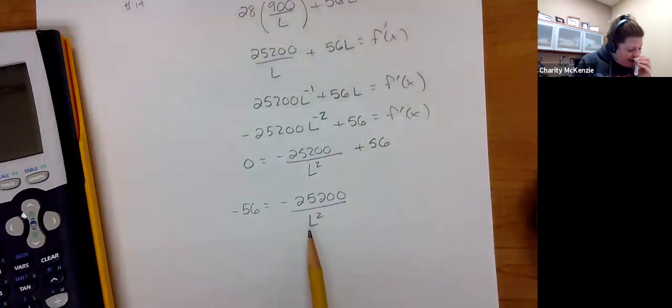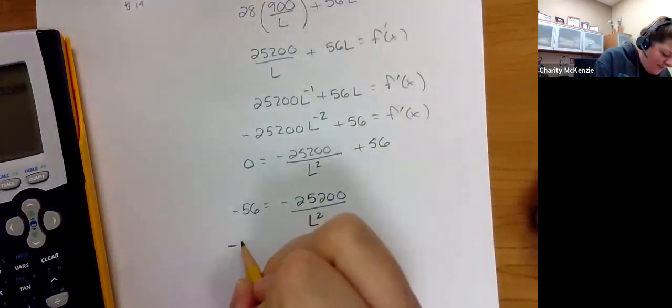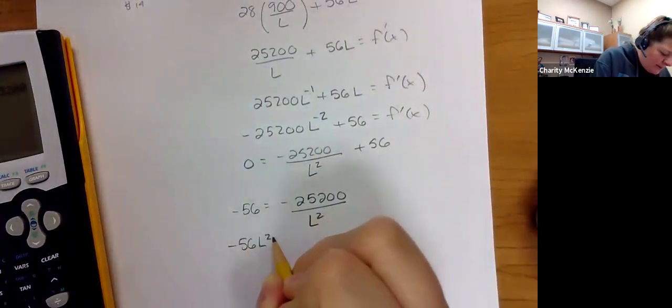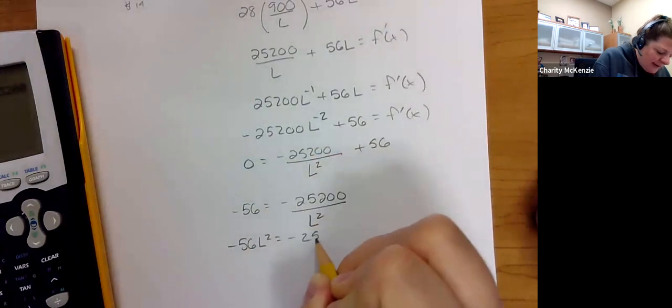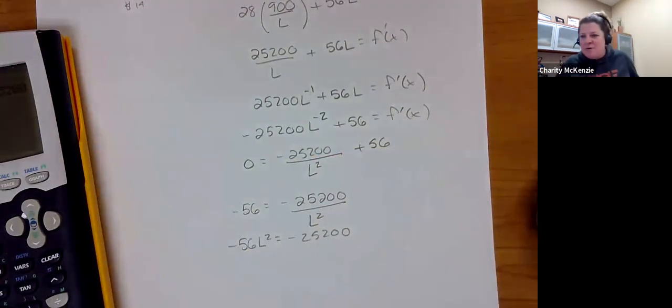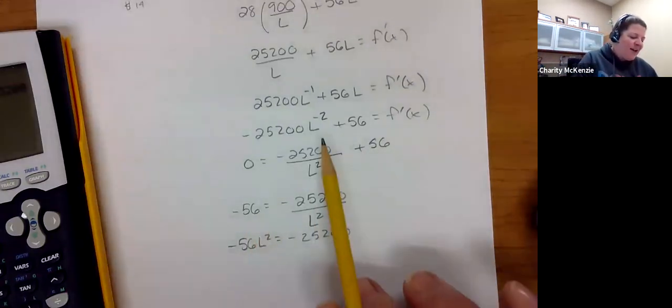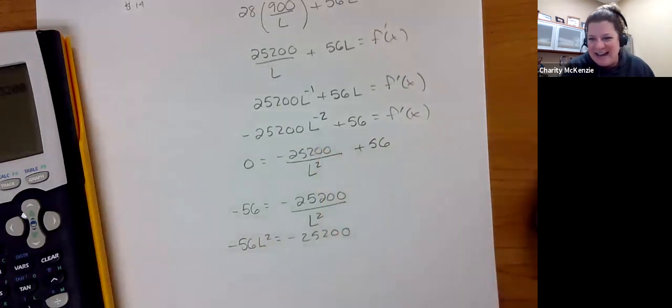Okay, so then I'm going to go L squared times the 56. So that's negative 56L squared equals negative 25200. That's why I moved the L squared back down to the denominator, so I could think of moving it over versus it being a negative exponent. Just a little bit harder to think through when you go to do the problem. So I'm here now.